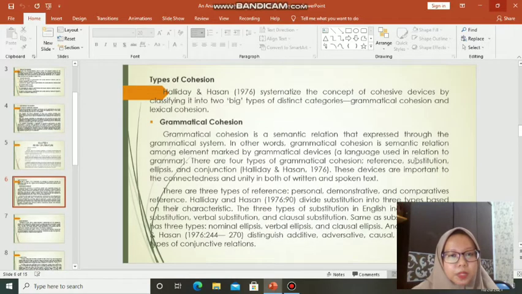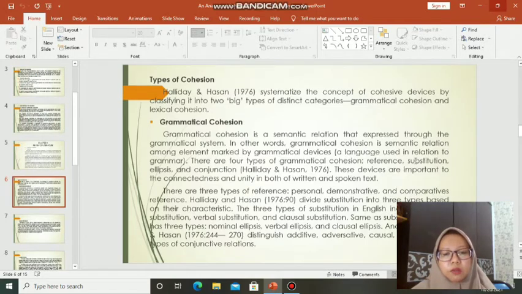Okay, next, types of cohesion. Halliday and Hasan systematized the concept of cohesive devices by classifying them into two big types: grammatical cohesion and lexical cohesion. So grammatical cohesion is a semantic relation expressed through the grammatical system. In other words, grammatical cohesion is a semantic relation among elements marked by grammatical devices, or language used in relation to grammar.